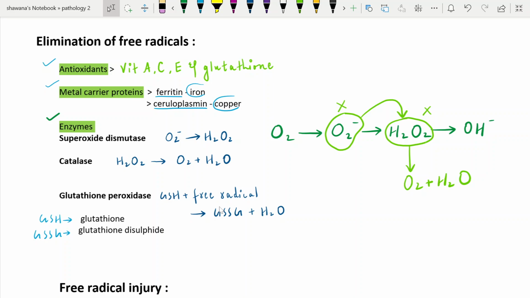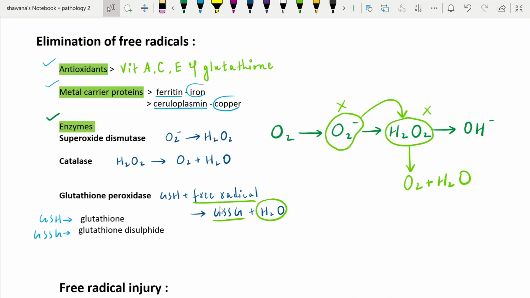And glutathione peroxidase is a very important enzyme because it's going to bind to the free radical, and it's going to convert the free radical into glutathione disulfide and water. Okay, these three enzymes, in the way of their reacting mechanisms, eliminate the free radical and convert it into other substances or atoms.